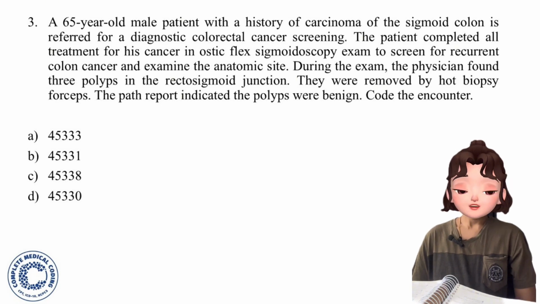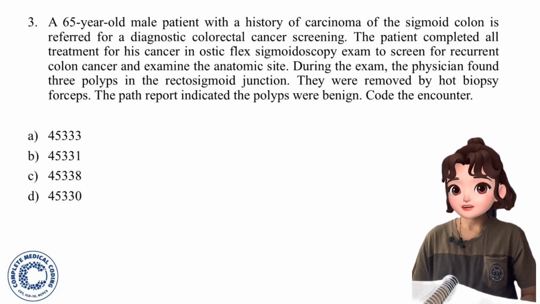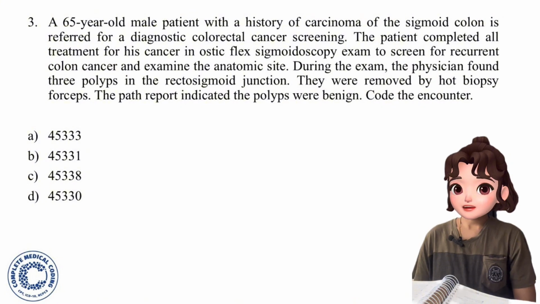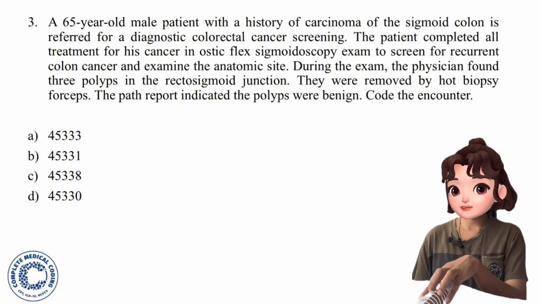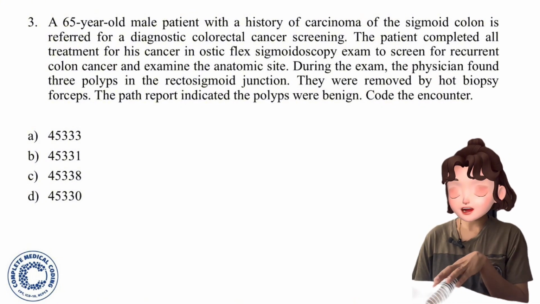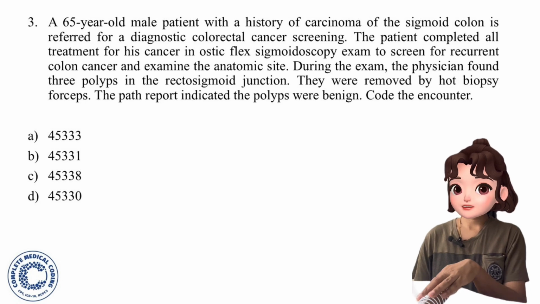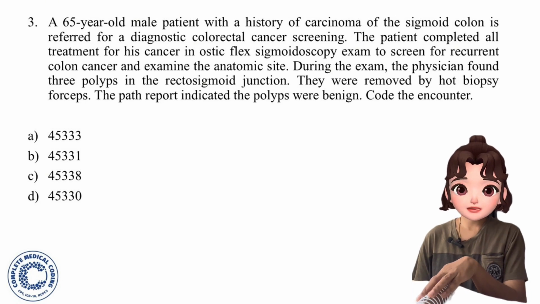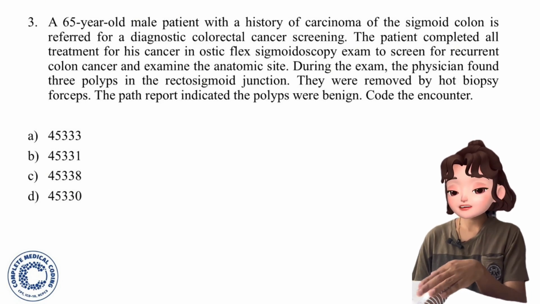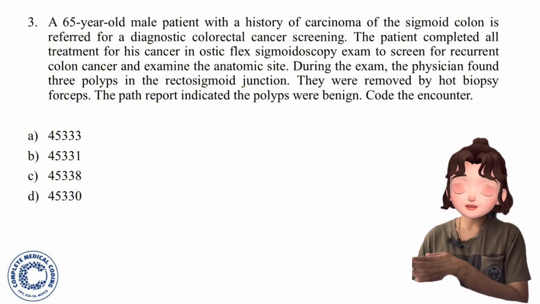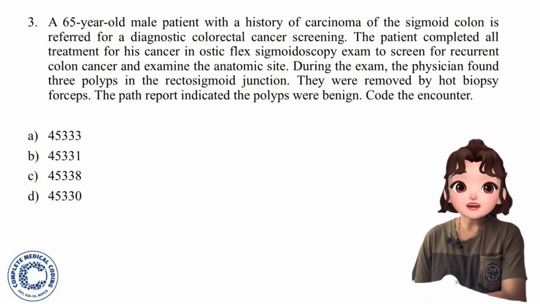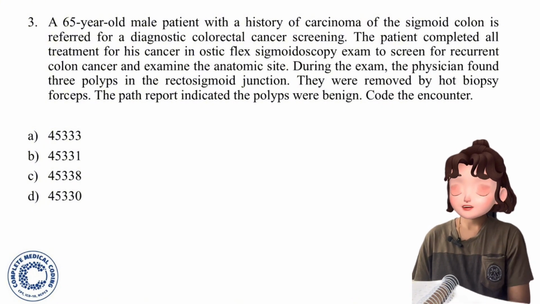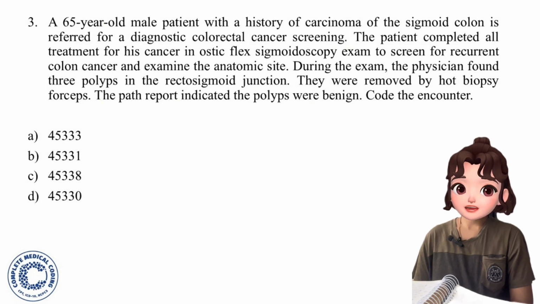Anyway, go to the options: 45333, 45331, 45330, 45338. All are there. So which is the smaller one? 45330. Let's start with that. The others are a continuation of 45330. If you look at the CPT code book, 45330 is the starting one.